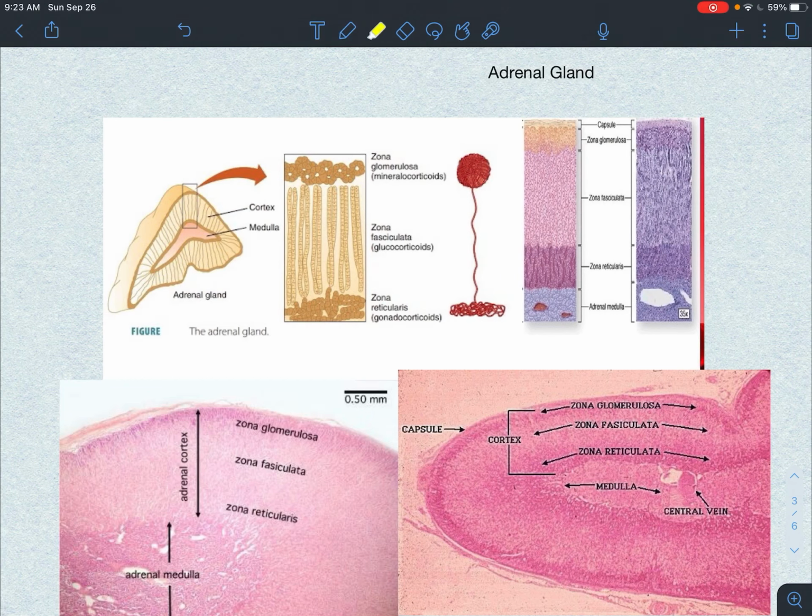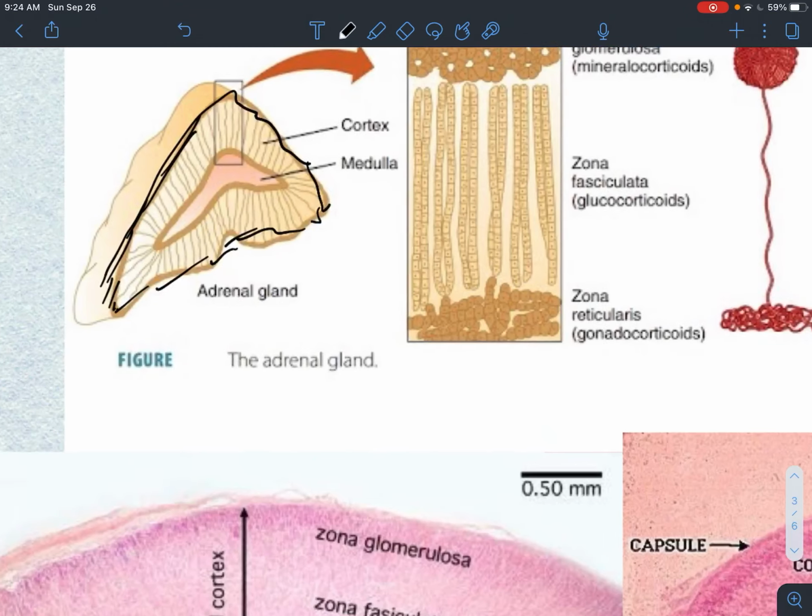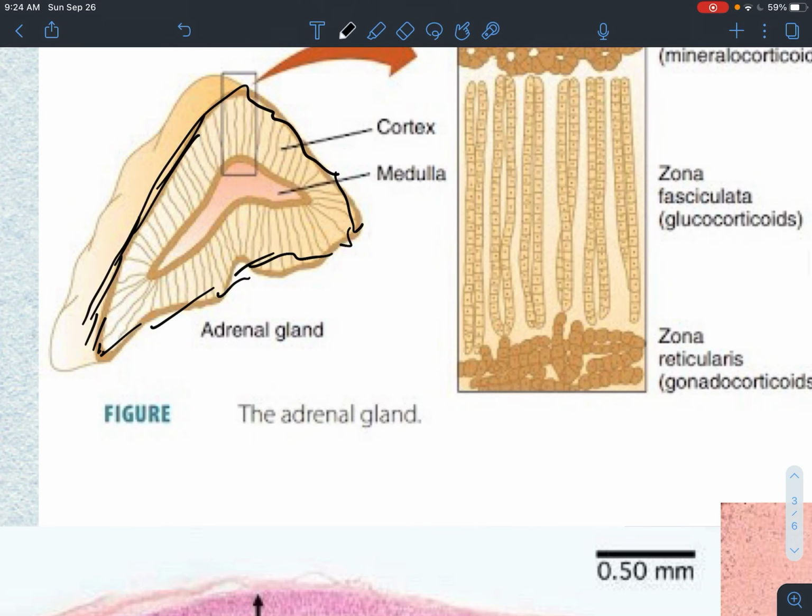So let's go ahead and look at the adrenal gland. The first thing we want to see is that the overall shape of this gland has a kind of triangular or a boomerang type of shape to it. And we have two major parts of this gland. We have the adrenal medulla, which is this middle part.